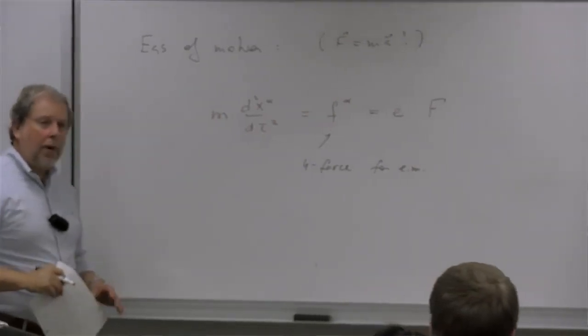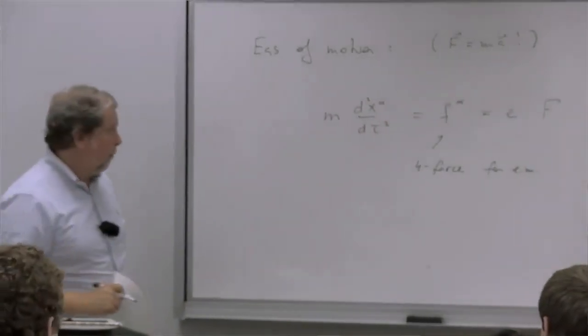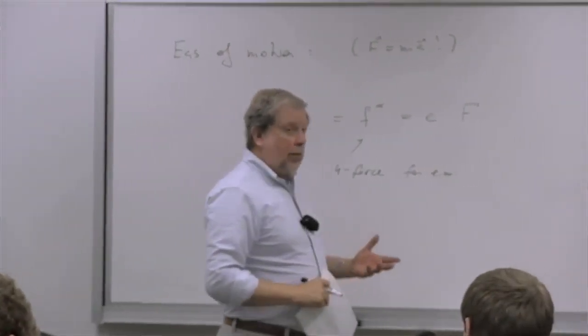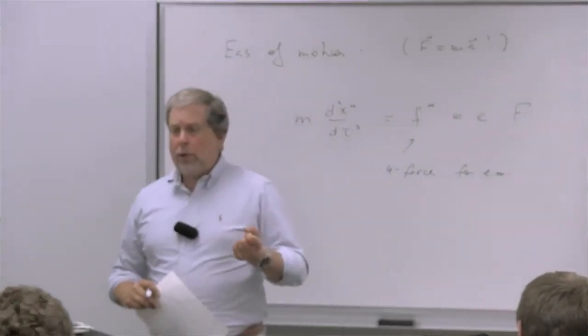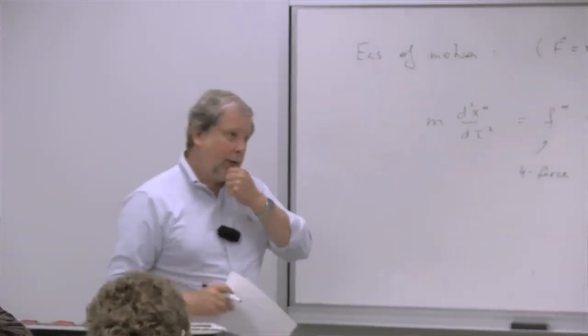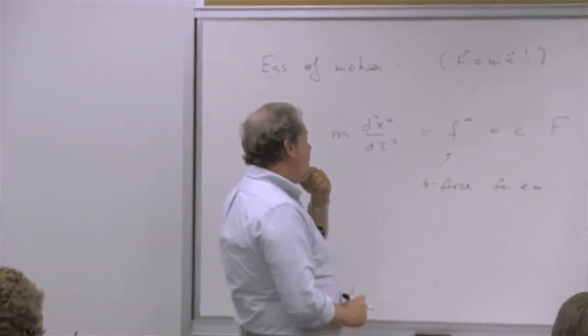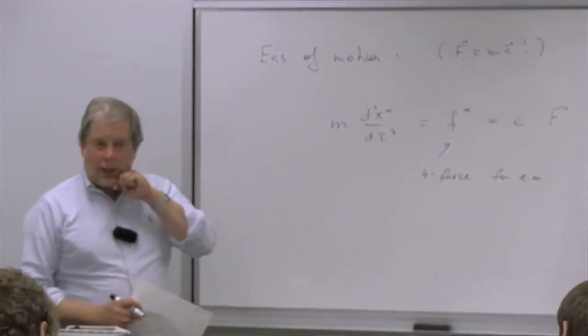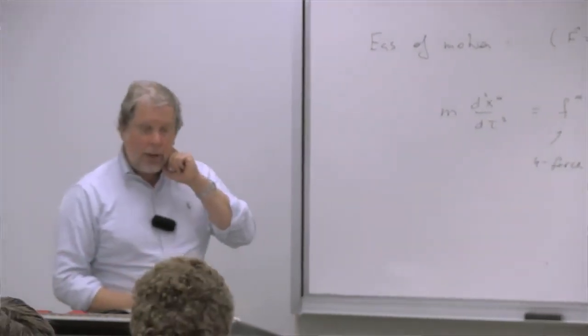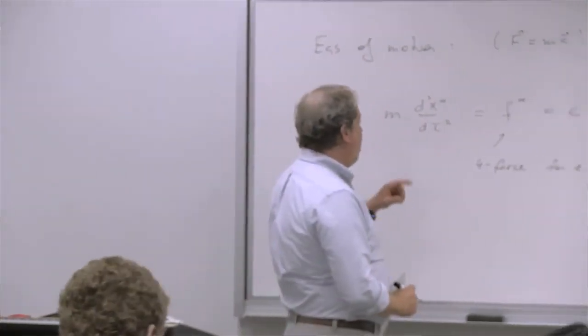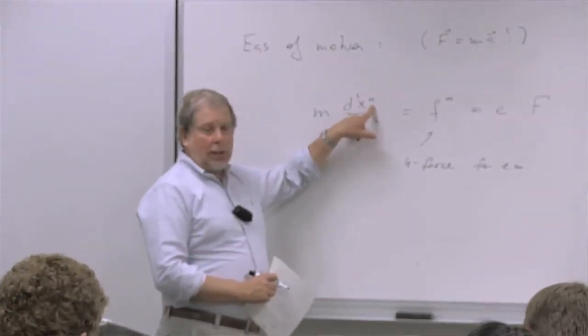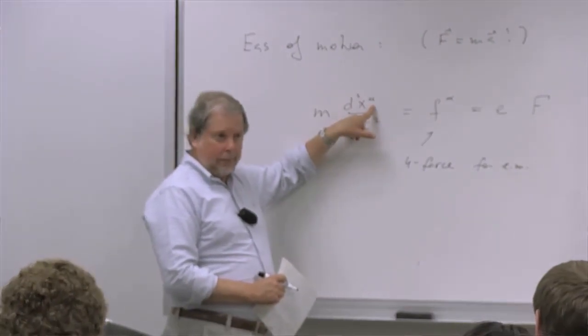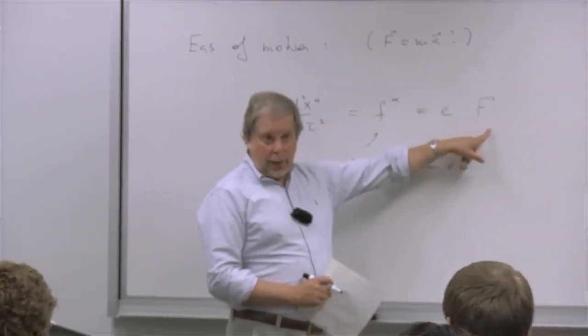The other thing that we do remember is that in electromagnetism, of course, the relevant force is the Lorentz force, which describes the interaction of a particle with electric and magnetic fields. And we know that that involves the velocity, right? So the velocity has to appear somewhere on the right-hand side. The other thing that we do notice is that there is a single index here, whereas this object has two indices.